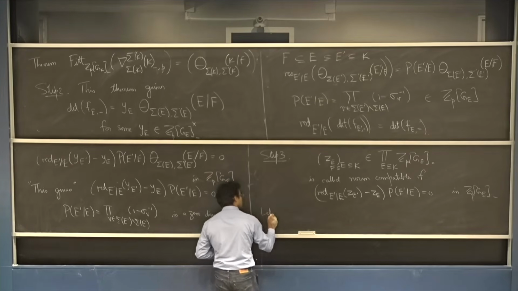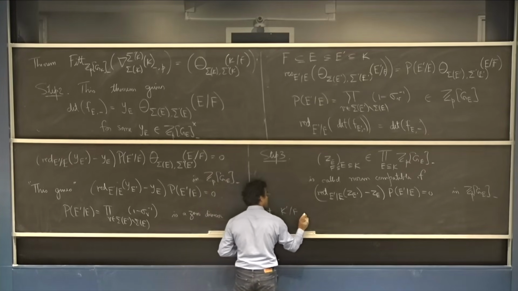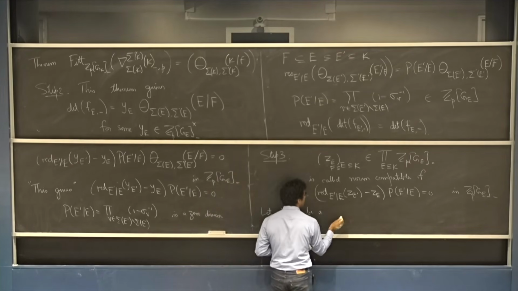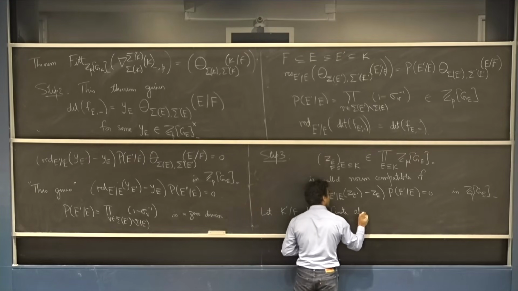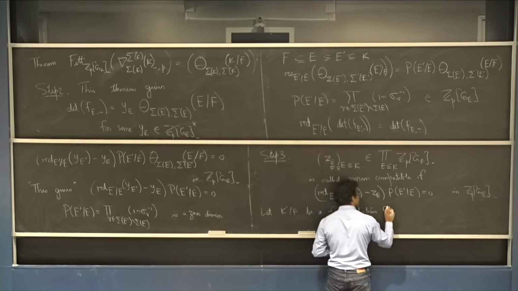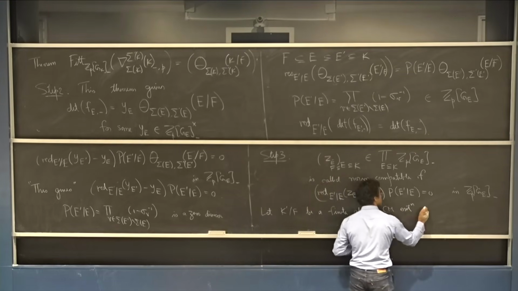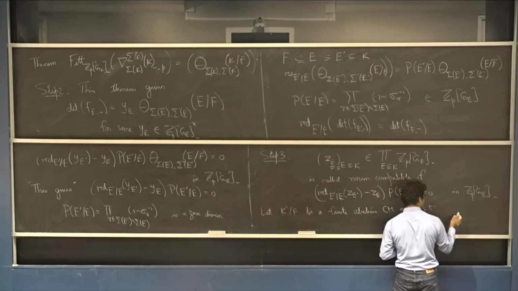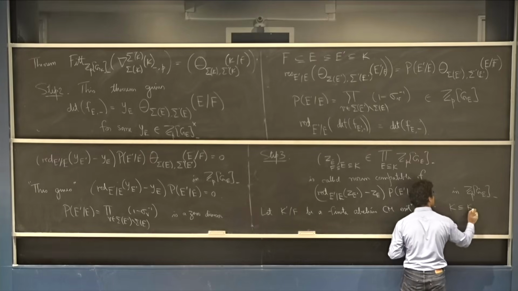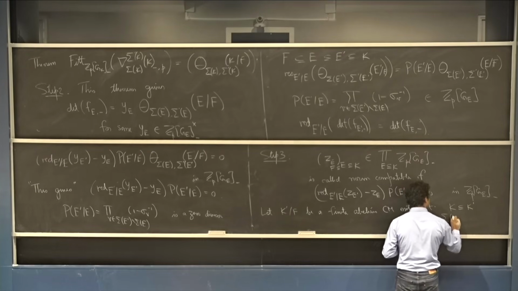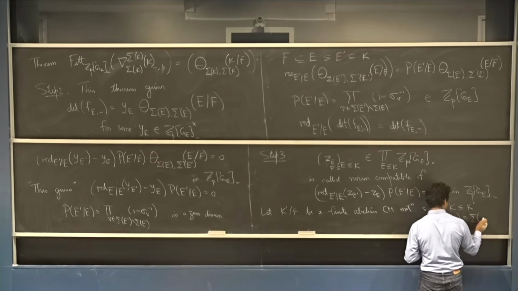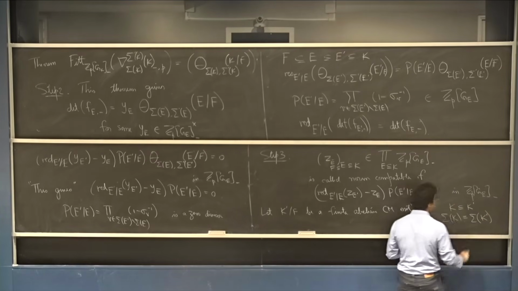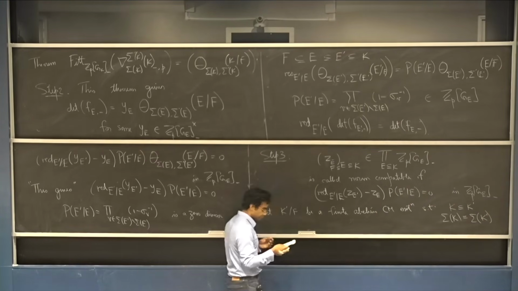So let K' over F be a finite abelian CM extension such that, two things: one is K is contained in K', and the other is that the set Sigma for K and K' are the same, okay?